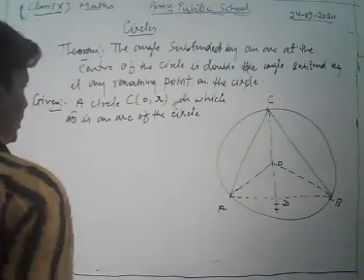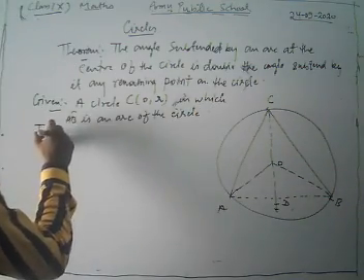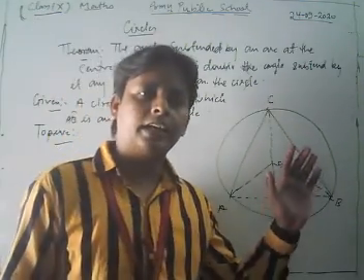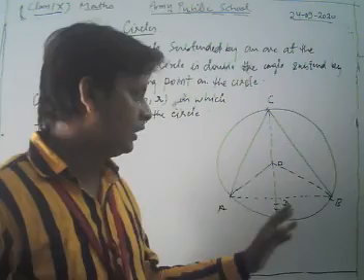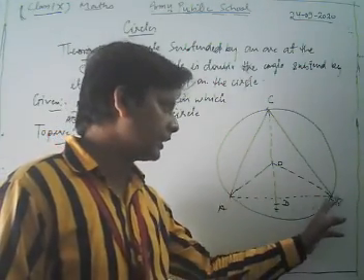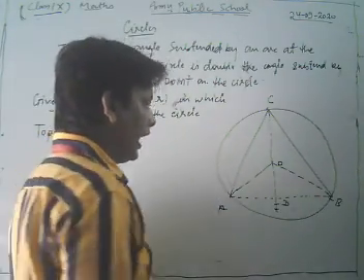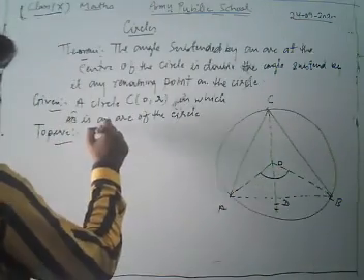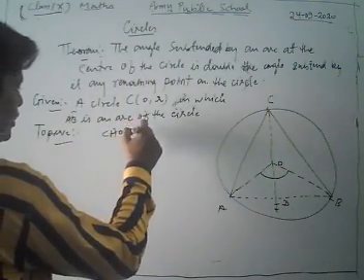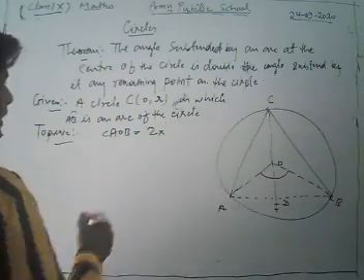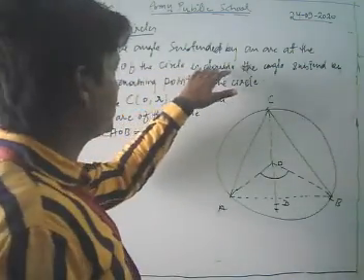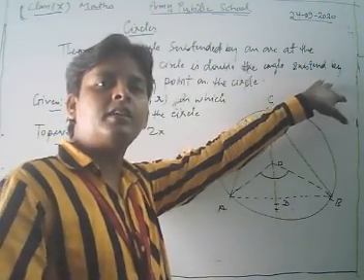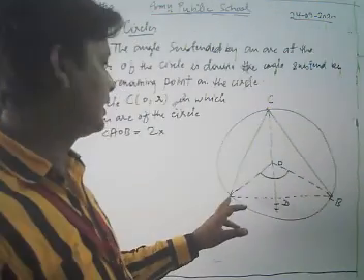This is given. Now, what do we have to prove, dear students? In that theorem, we have to show that the angle subtended by an arc at the center of the circle, that is angle AOB, is double the angle subtended by it at any remaining point on the circle, that is angle ACB.